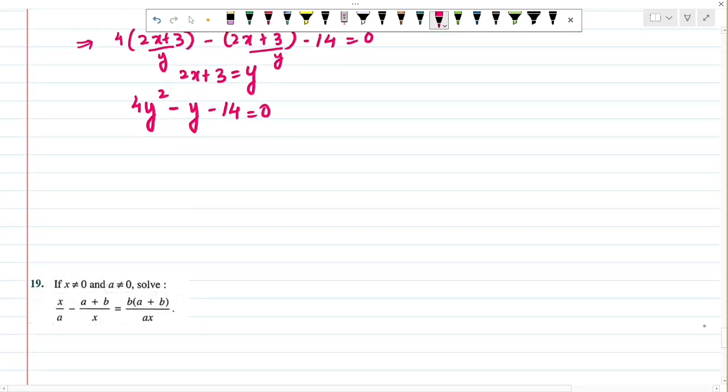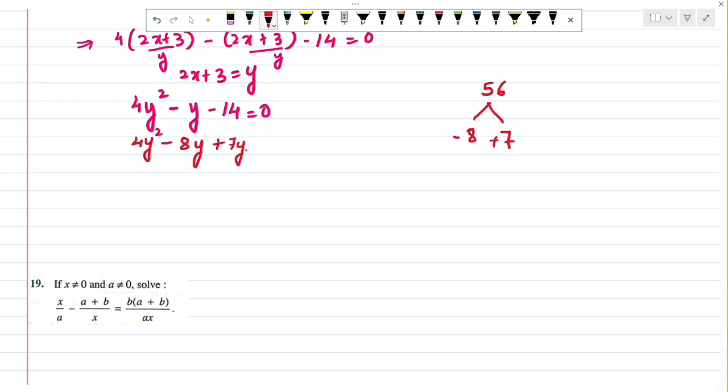So I'll take the roots of this equation: 4 times 14 is 56, and I'll write it as 8 sevens are 56, that is minus 8 and plus 7. So this becomes 4y square minus 8y plus 7y minus 14 is equal to 0.